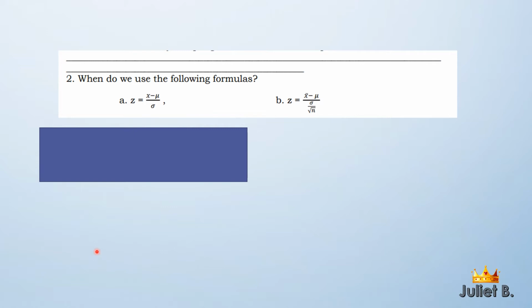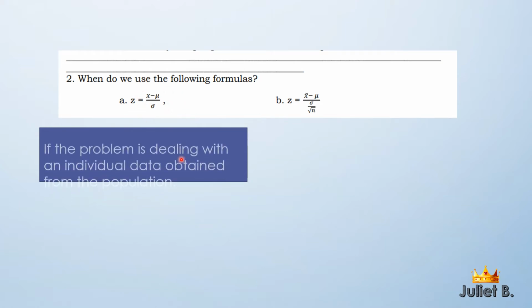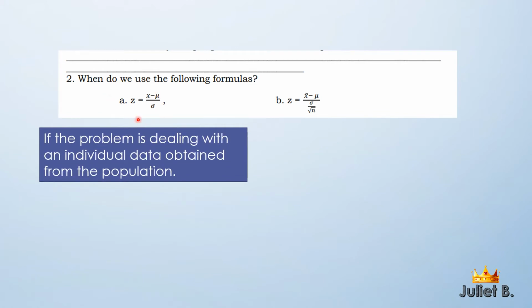When do we use the following formulas? Letter A, z is equal to x minus population mean over standard deviation. We use this formula if the problem is dealing with an individual data obtained from the population.